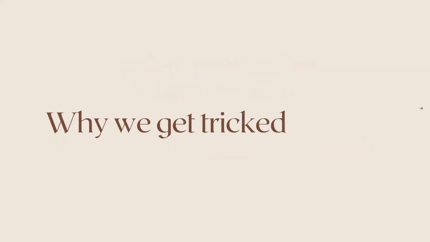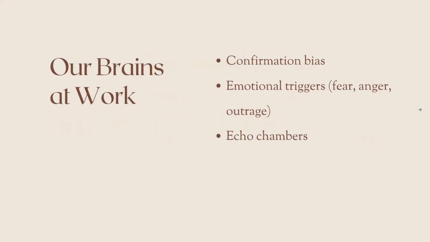All right, why we get tricked. So let me go back here. It comes down to how our brains process information, especially when it comes to misinformation. So there's something called confirmation bias.